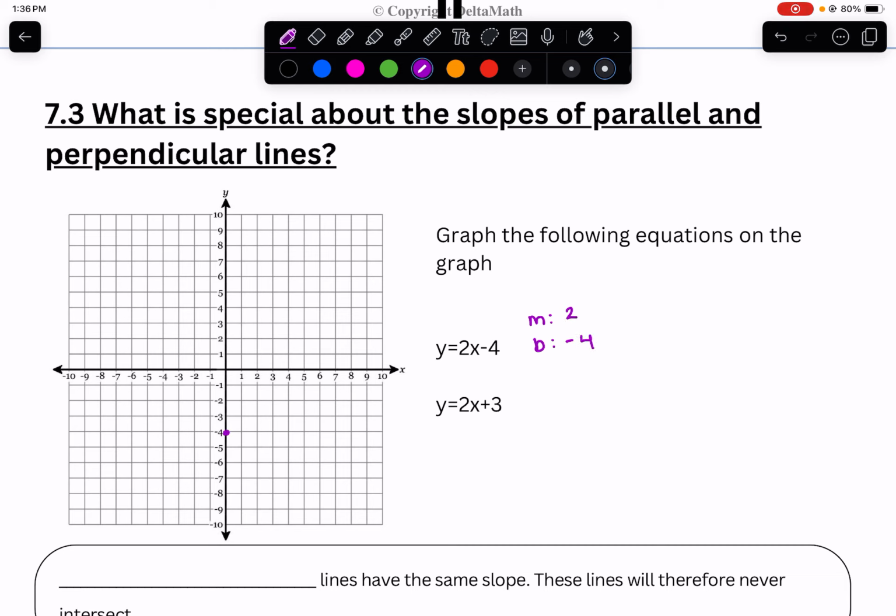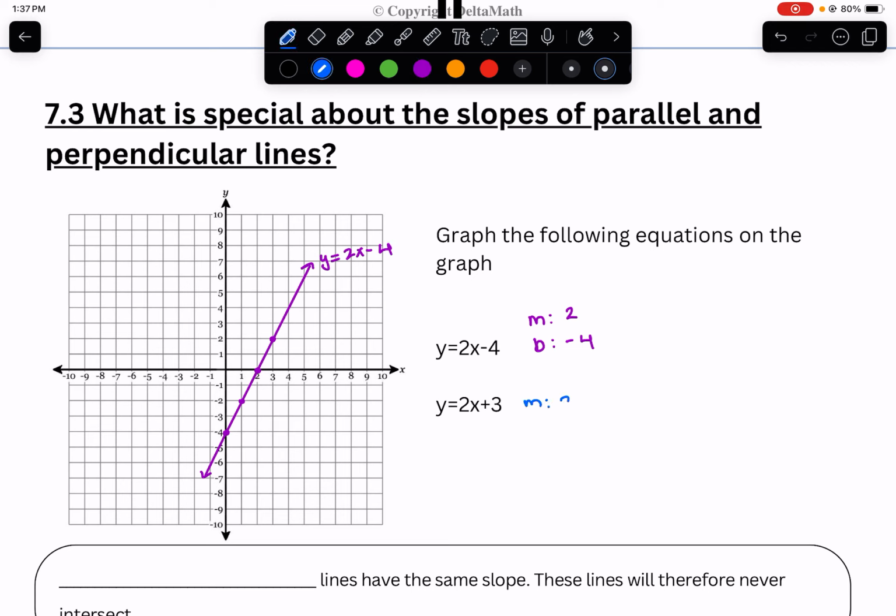So I start at -4, and I'm jumping up 2 each time. To create my first line. My second one, so I'm going to call this y is equal to 2x minus 4. I'm going to use a different color for my other line.